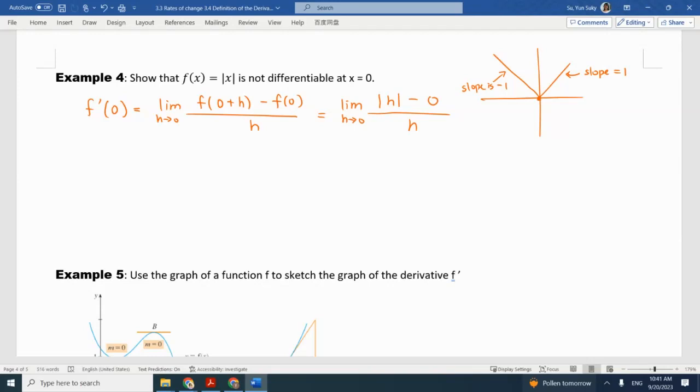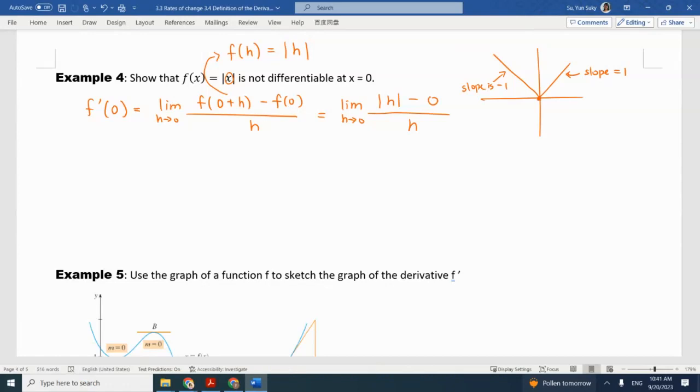Here, f of x is absolute value of x, so f of 0 plus h is f of h. So f of h means whenever you see x in the expression, you erase the x and replace it by h.